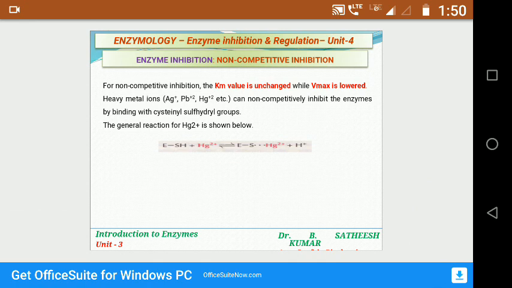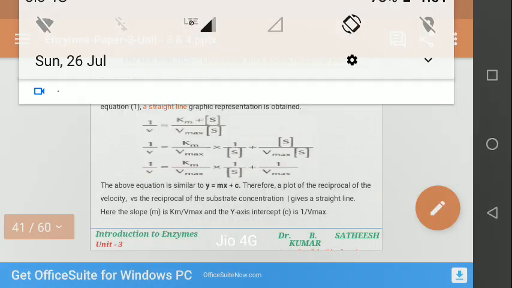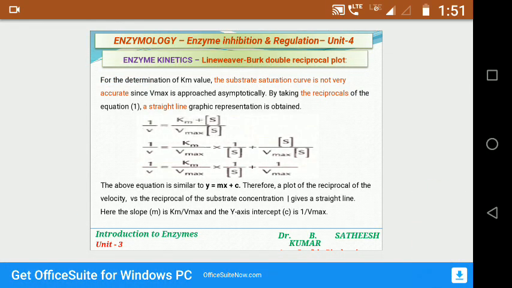So far we have discussed the enzyme inhibition processes. In the beginning of this video lesson, we discussed what the Km value is and how to calculate it.